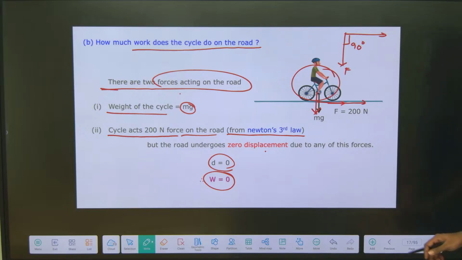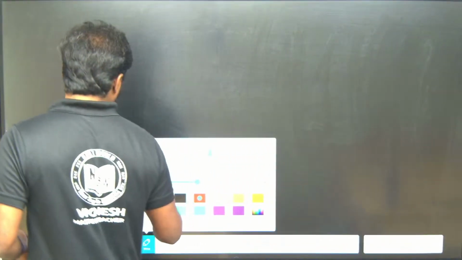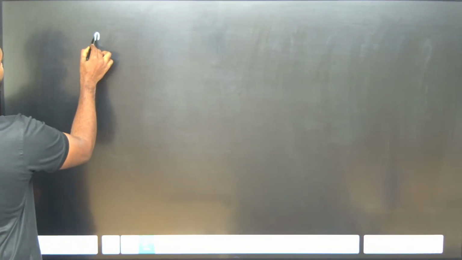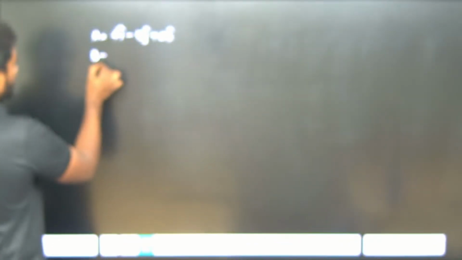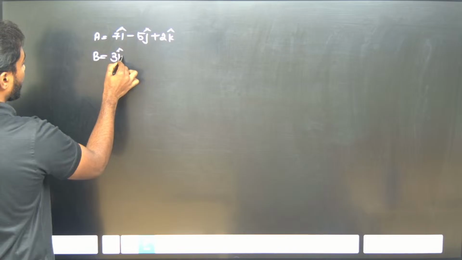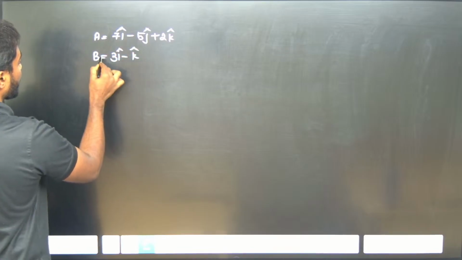Okay, so we'll discuss one more question here. Like I'll give a question over here. Do the dot product of that. So A is equal to 7i cap minus 5j cap plus 2k cap and B is equal to 3i cap minus k cap.